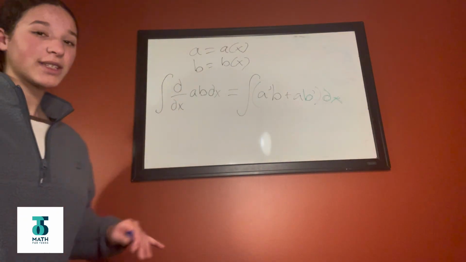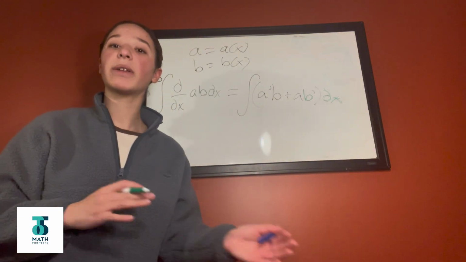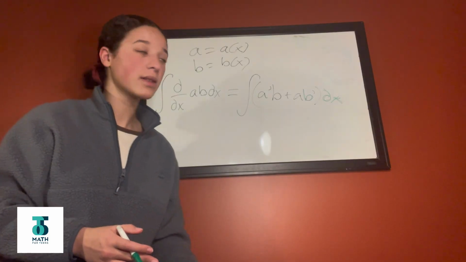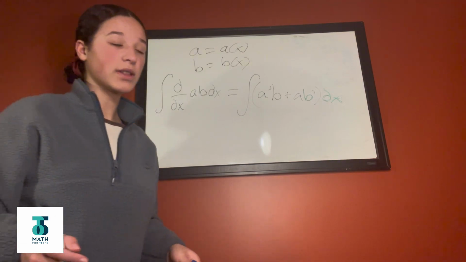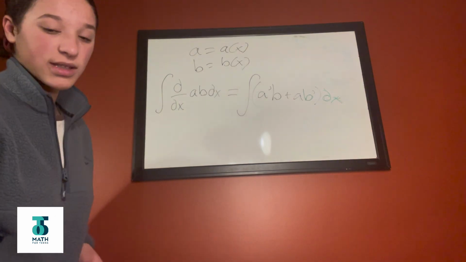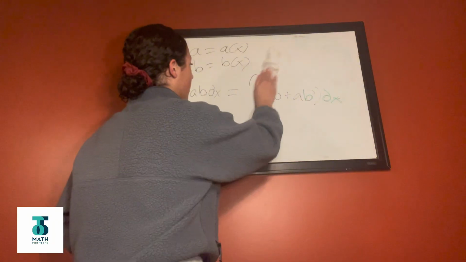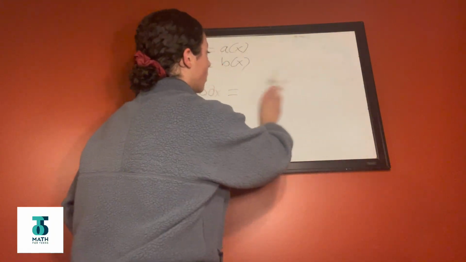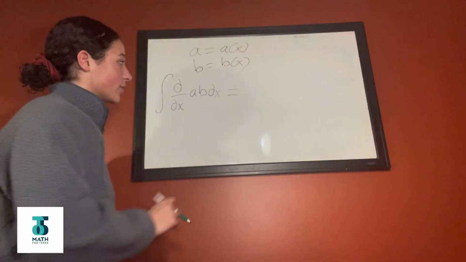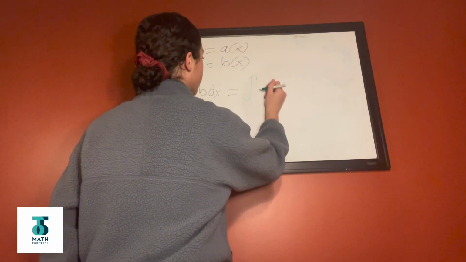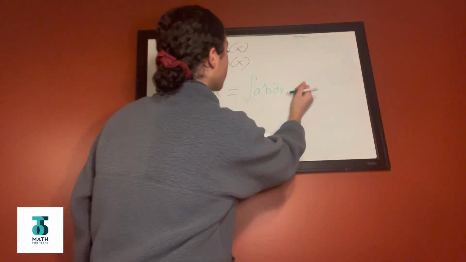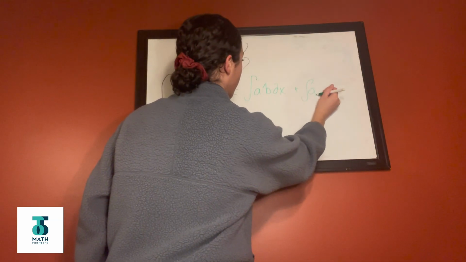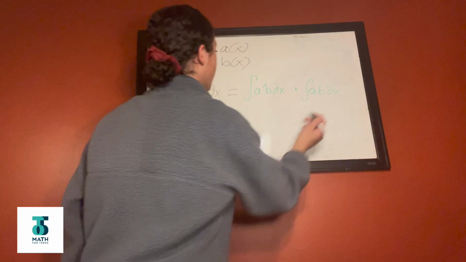Now, just like the derivative of a sum is a sum of derivatives, the integral of a sum is just the sum of integrals. So this is just the same thing as the integral of our first term plus the integral of our second term. So this will just be the same thing as the integral of a prime b dx plus the integral of a b prime dx.